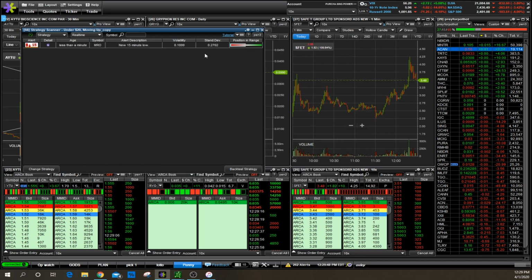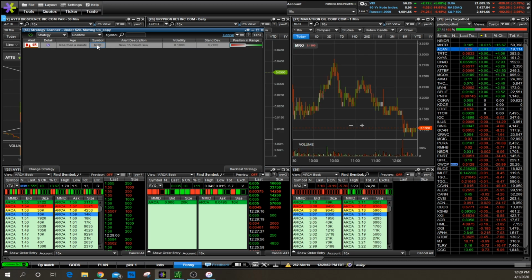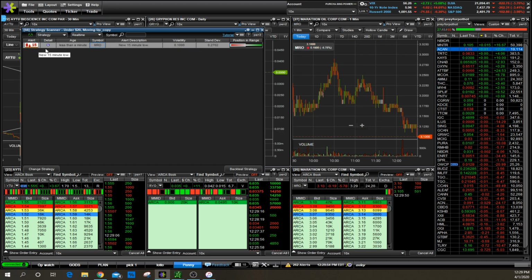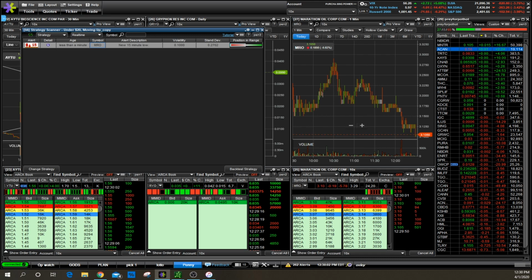Let's see, I just added a bunch of stuff on there. MRO, that's 15 minute low. So I don't know what platform you use. I forget, Brody, if it's E-Trade or I think you can do this on TD Ameritrade as well. But scanner is definitely great if you're trying to trade some stocks.